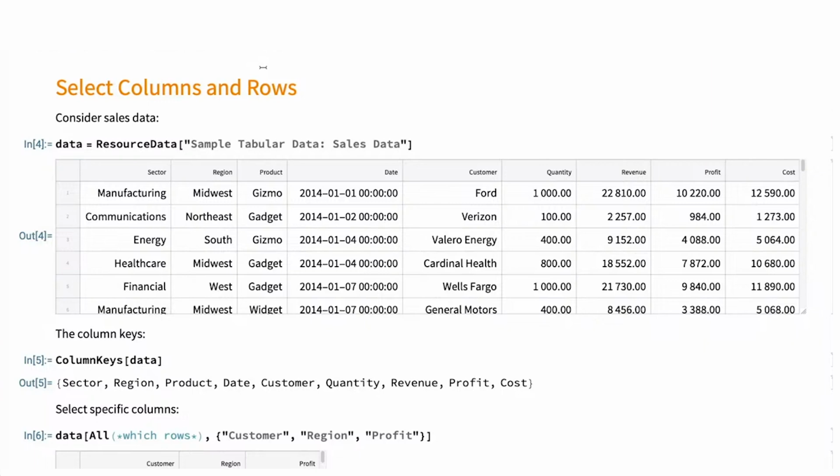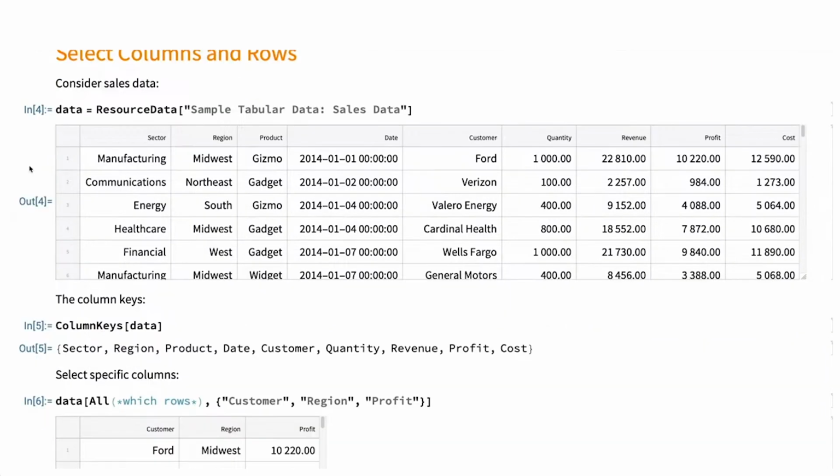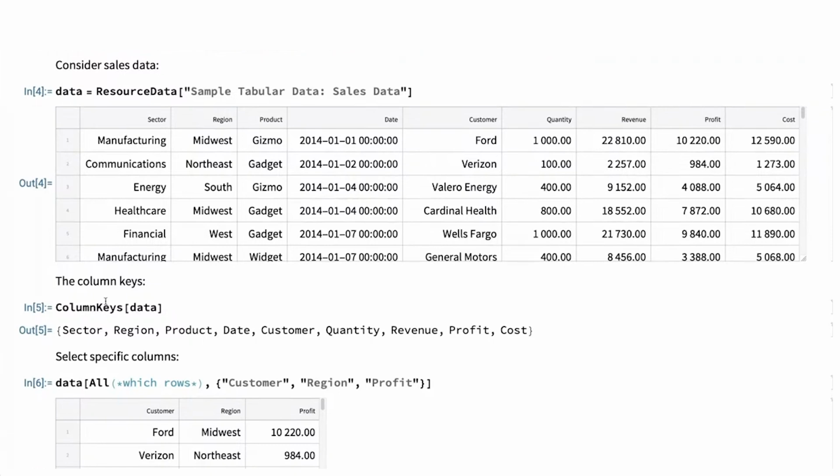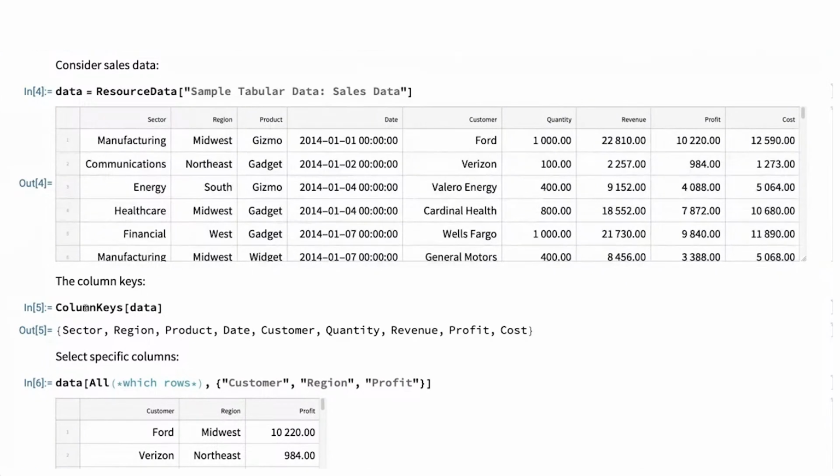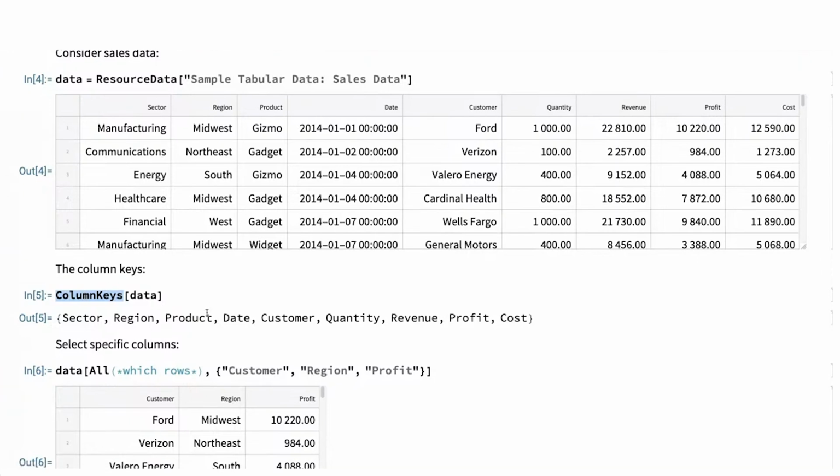How to select columns and rows. This is the sales data that has some number of columns and some number of rows. You can see the column names; column keys can be extracted using the column keys function, and we get the list of all the names for the columns.